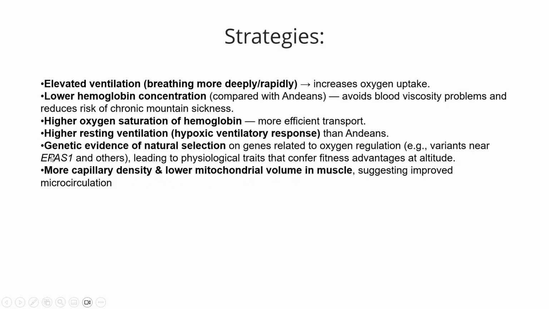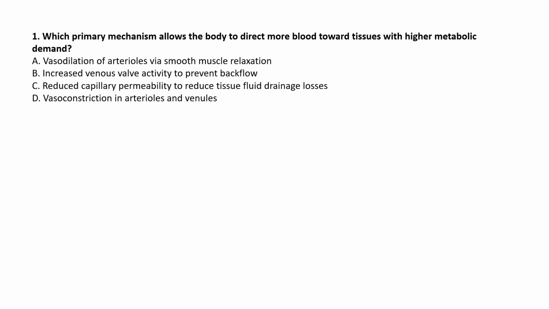And there are actually some genes, like this one, that were found to have certain point mutations and changes that are presumed to help these physiological traits. Yeah, and there's also some increased capillary density and so on. So all of these changes and strategies were taken over during natural selection in these populations when they were surviving in hypoxic conditions.